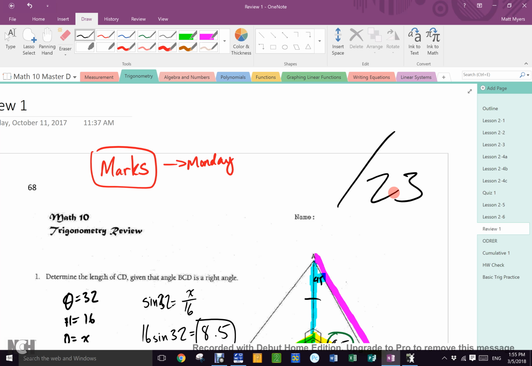Is there anybody that is still in the dark about what that is? All right. The cumulative exam is one exam covering the first 2 units. It is split in half. You're going to get a percentage on the first unit, percentage on the second unit. If those percentages are bigger than the percentages that you got on the unit test, you get that grade. You cannot go lower, and the cumulative itself does not count for anything.